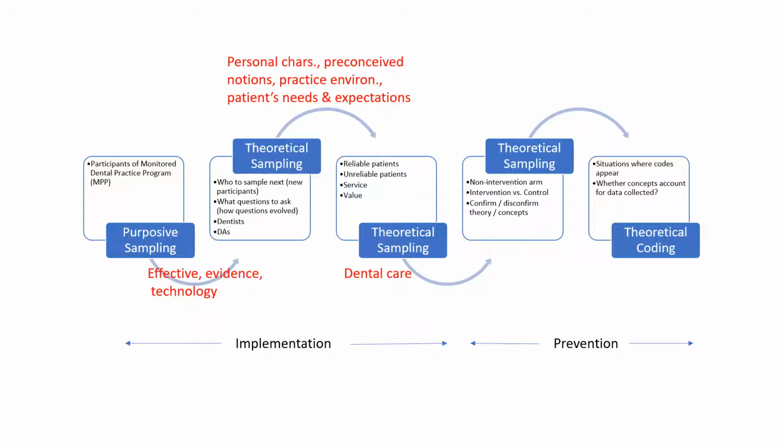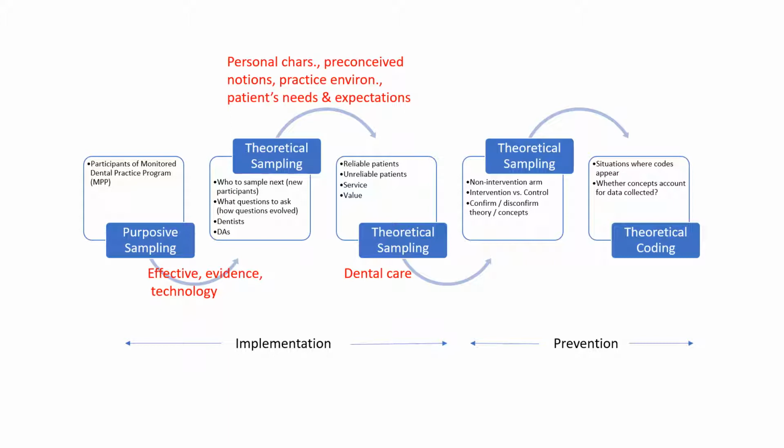And because of that, they figure maybe it's not a bad idea to include dentists and DAs who are part of the MPP program and who are not part of the MPP program. So they conduct another theoretical sampling in the fourth stage, and this time they do it like an experimental approach.